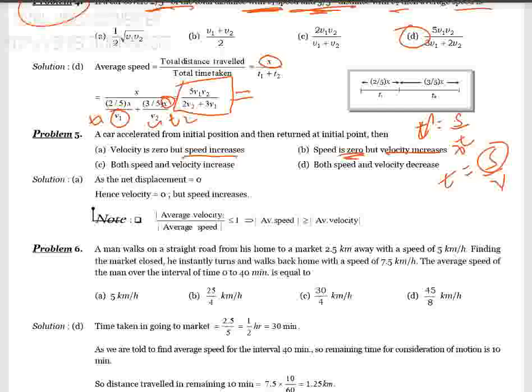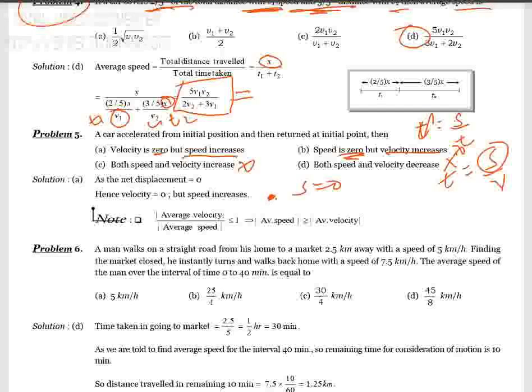And both speed and velocity decrease? No, they don't both decrease. Both speed and velocity increase? This is not true. But here the velocity is 0 because the car returned to its initial position, so the displacement is 0. Because of this, the velocity is 0. But the speed is not 0 or decreasing.